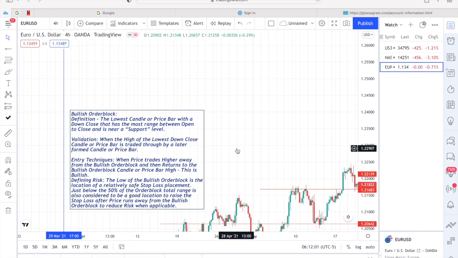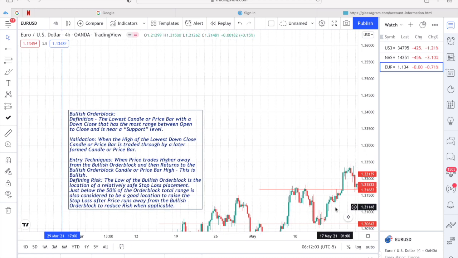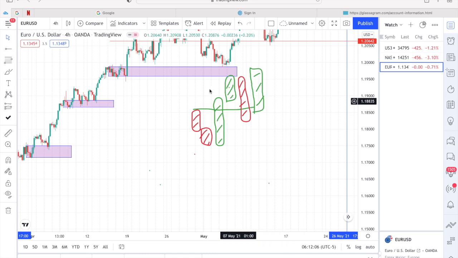So what am I talking about? I have an example here. The market was coming down. The market retraced down. Can you see? This is a down movement. Remember when I said that when this high is violated by a later candle?